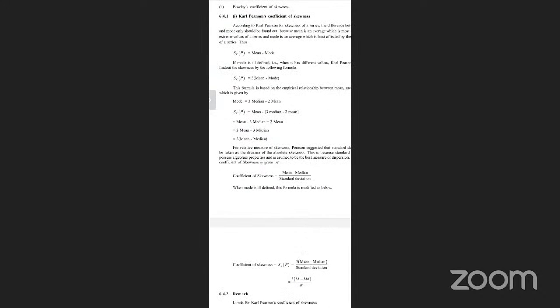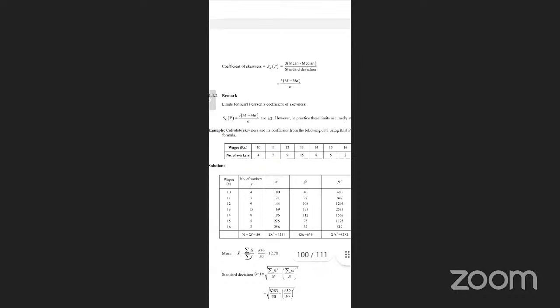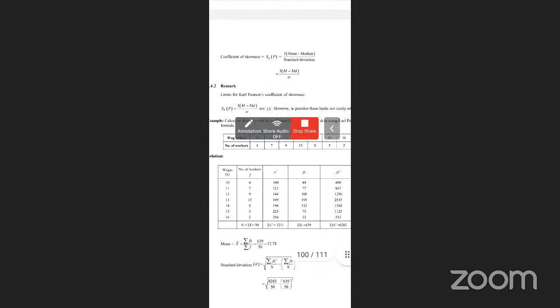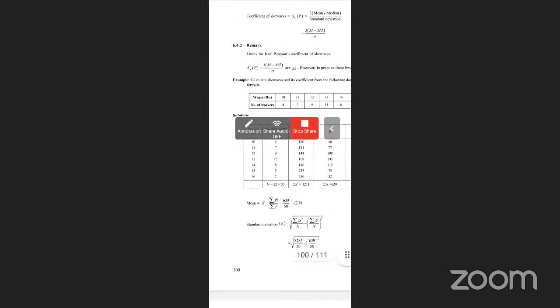So here, when mode is ill-defined, this formula is modified as below. Coefficient of skewness Sk is equal to 3 into mean minus median by standard deviation. Here it is written clearly. Now coming to problems.